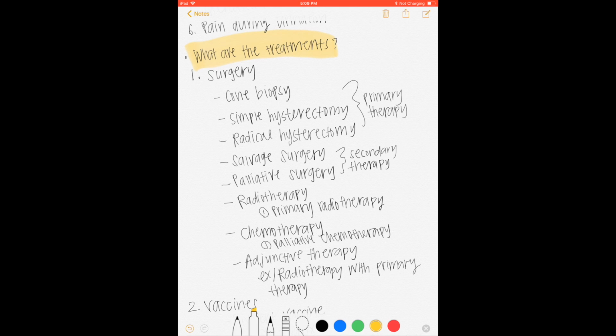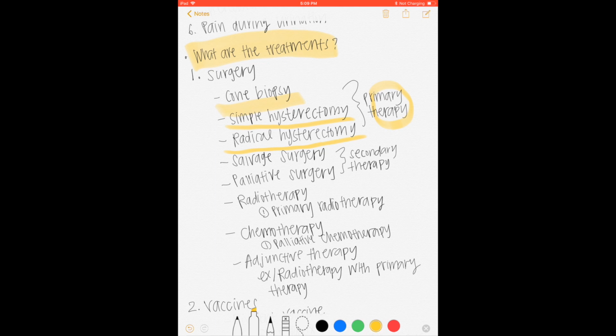If the tumor has already spread to the surrounding tissue, surgery will be recommended to remove the entire womb. Surgery can be used as primary therapy as well as secondary therapy after another treatment has been used. So there are primary therapies, which are cone biopsy, simple hysterectomy, and radical hysterectomy.